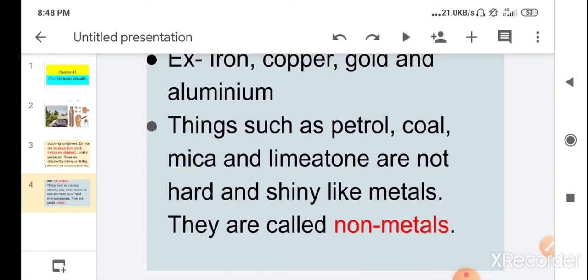Petrol, coal, mica and limestone are not hard and shiny like metals.